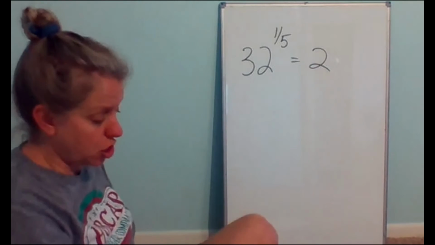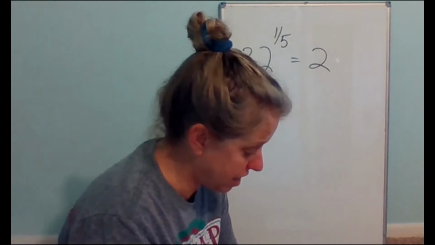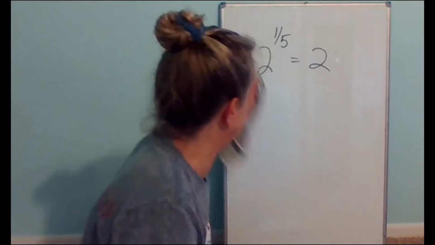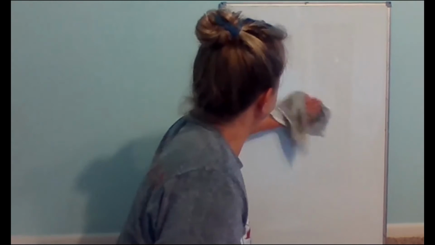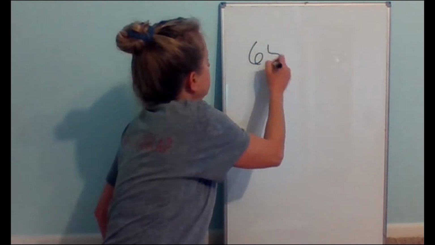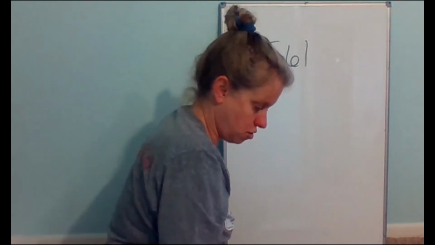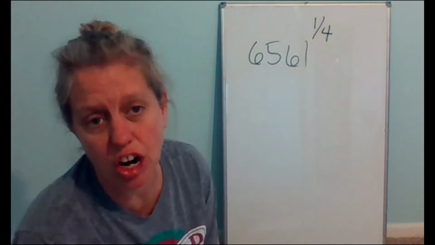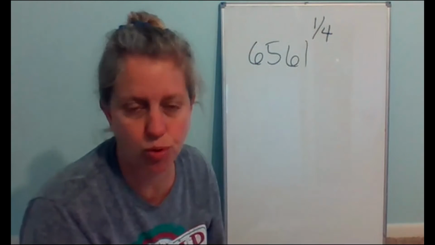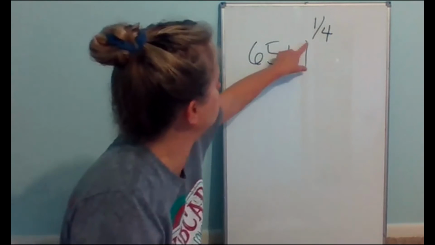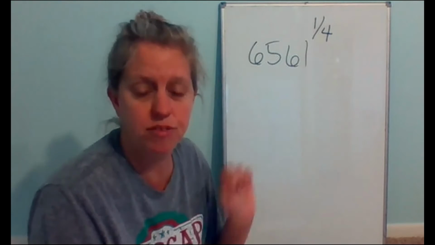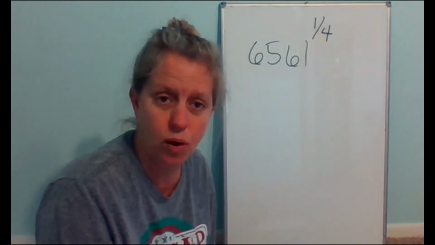Okay? For instance, you're going to want to be able to do that on a problem like number 3 when you have 6,561 to the 1/4 power. So I can start off and say, okay, let's start off with 3. 3 would be too small, right? You're trying to find the number, if you multiply it together 4 times, gives you 6,561.